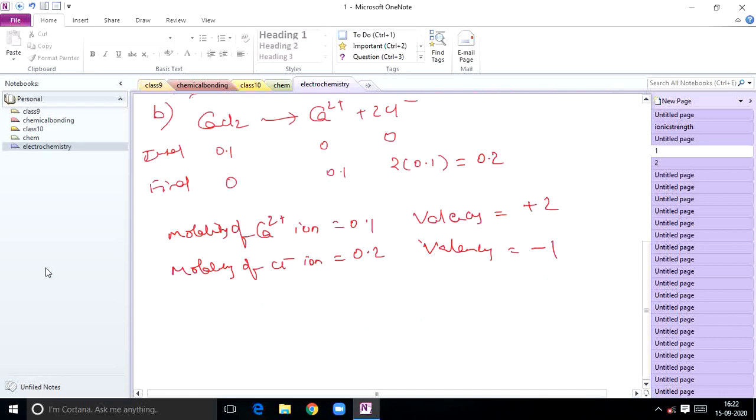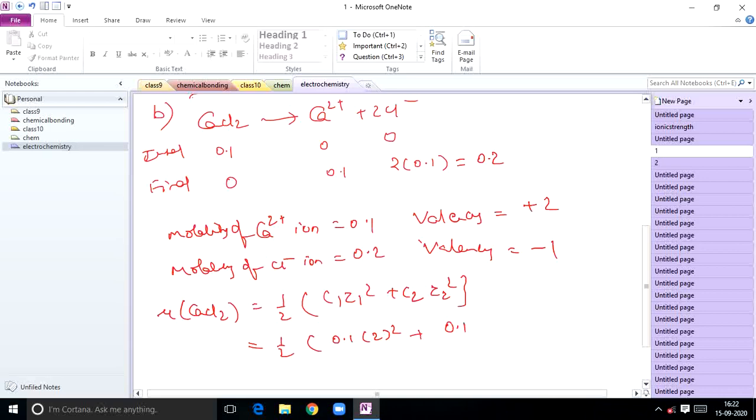So now let us apply the formula. Mu of CaCl2 is equal to half into C1 Z1 square, 2 ions only, C2 Z2 square. So substitute here, that is equal to half into C1 how much? 0.1 into 2 square plus C2 0.2 into minus 1 whole square.